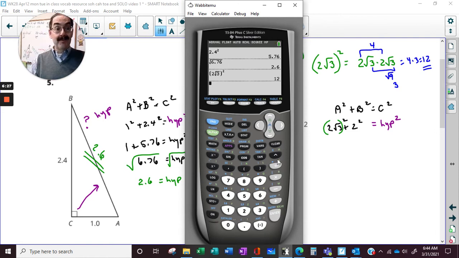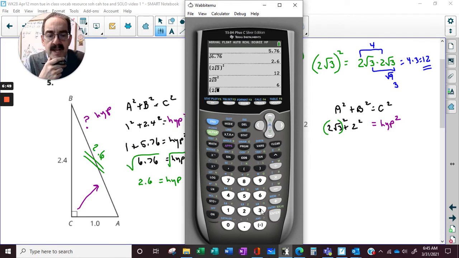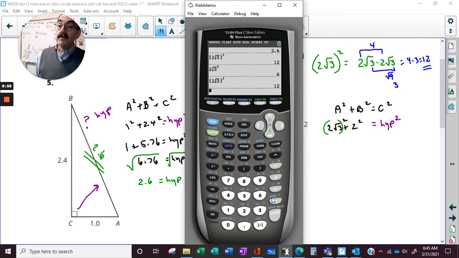Boom. 12. We got the same answer. Watch this again. 2 square root 3 toggle squared. Didn't work. Make sure when you're using the calculator, we use parentheses so that it knows exactly what we're squaring. Now hit the squared button. Good. So it's 12.